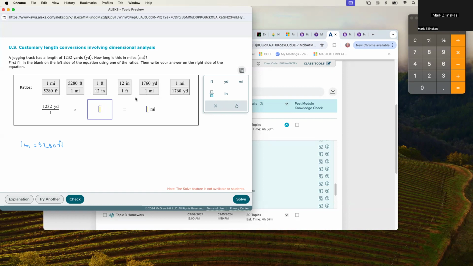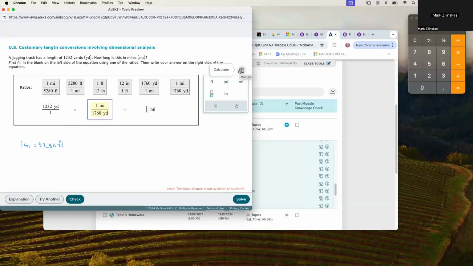Thankfully that's the one we need, so I just drag this down here. Then, just like we said over here, we're multiplying fractions, so we go straight across, and you see the yards cancel out. I'm just left with miles. So all I have to do is take 1,232, multiply it by 1, and then divide it by 1,760.